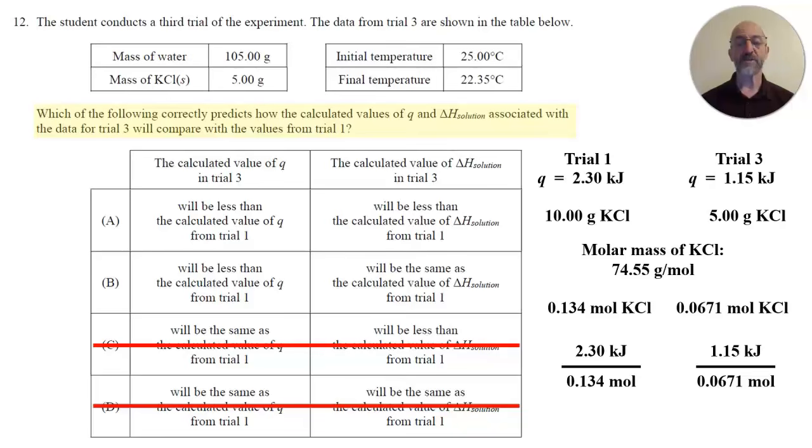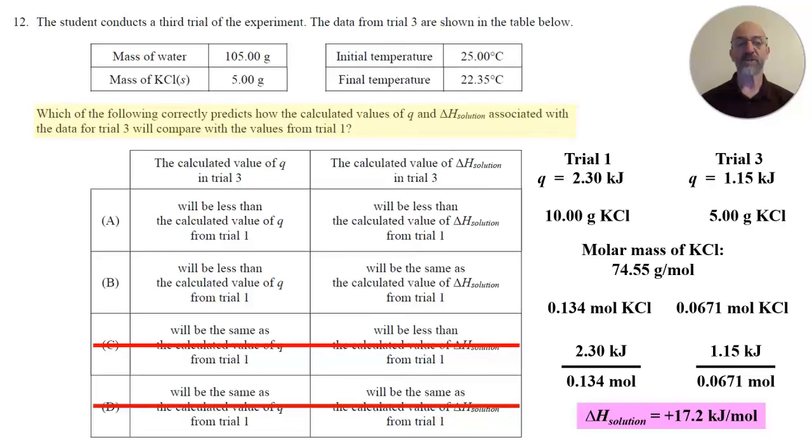So you can go ahead and do these calculations on your calculator and verify that the value of delta H for trial 1 is 17.2 kilojoules per mole, and the value of delta H for trial 3 is also 17.2 kilojoules per mole. Because we have cut the number of kilojoules for Q in half, and we've also cut the number of moles of KCl in half, we get the same ratio of kilojoules per mole.